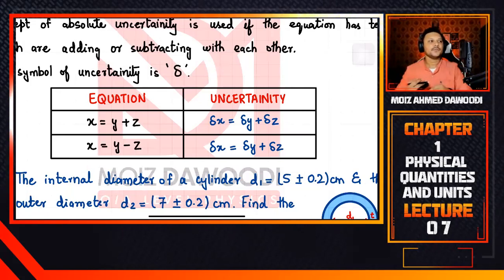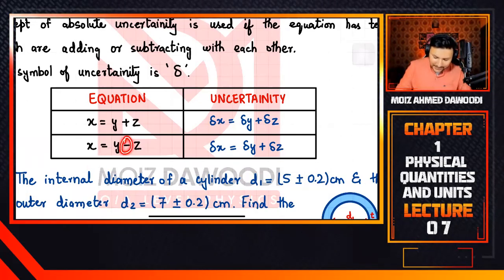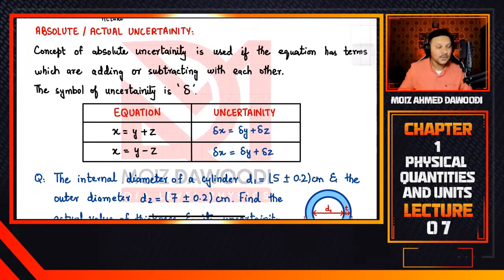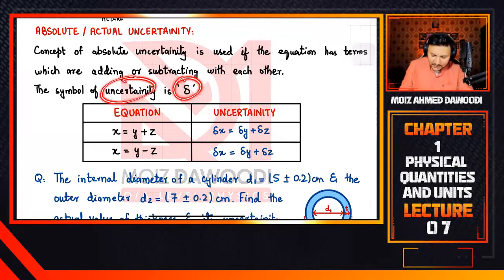Okay, so that is why I intentionally wrote plus here. So the concept of absolute uncertainty is used if the equation has terms which are either adding or subtracting. That is what you call absolute or actual uncertainty. The symbol of uncertainty in this.